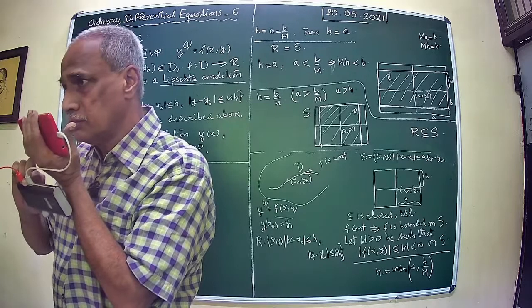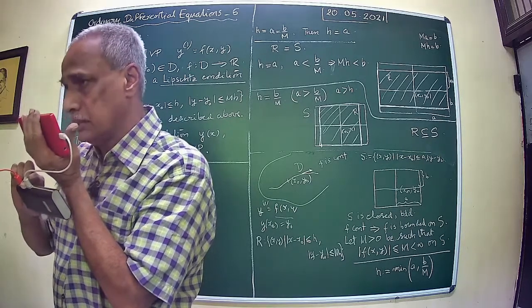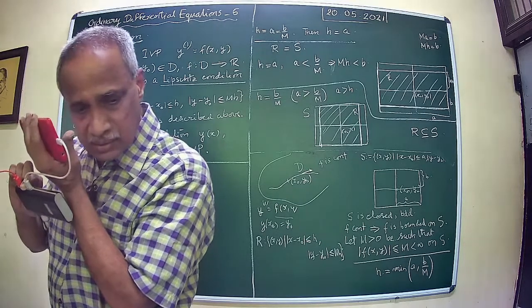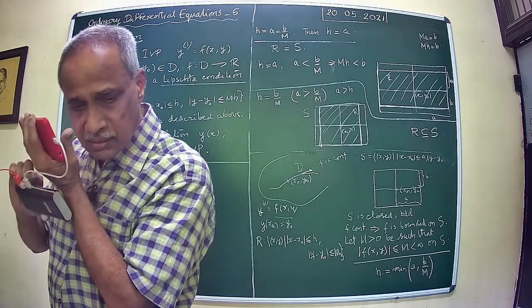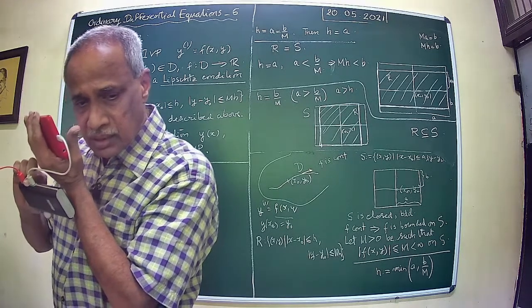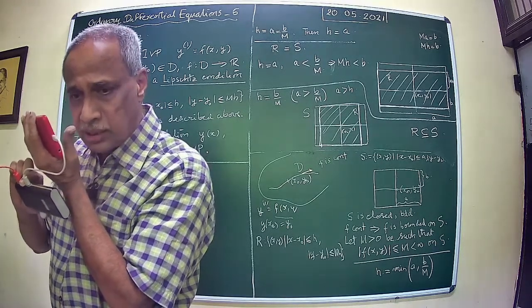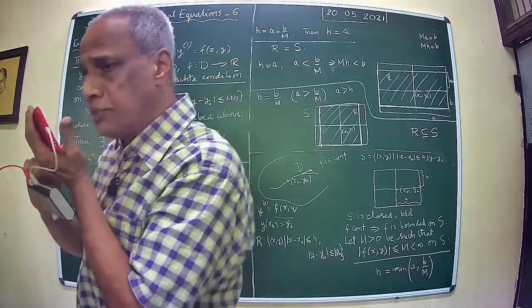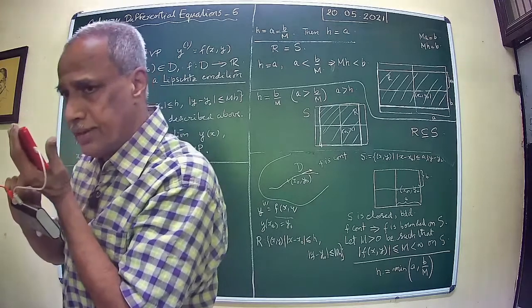But if the function is Lipschitz in the variable y, how does it conclude that it will be continuous in two variables? No, I am assuming f is continuous in both the variables x and y.